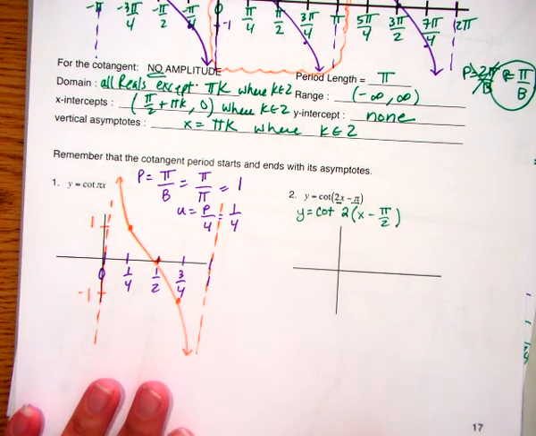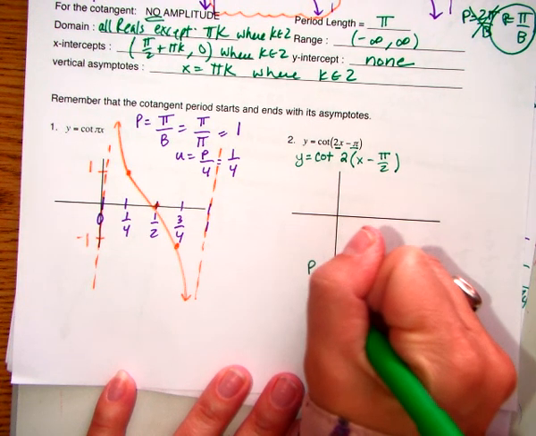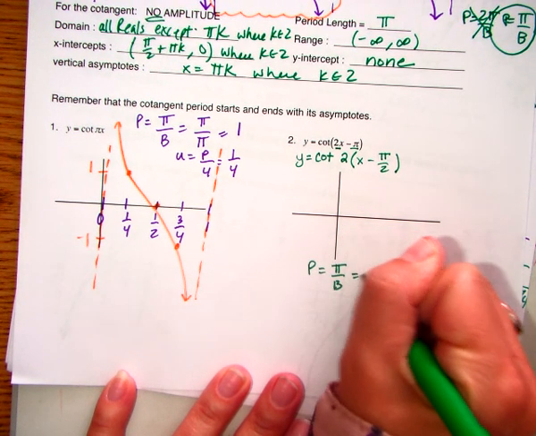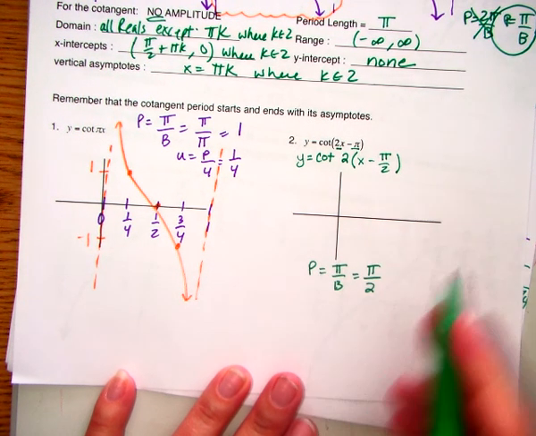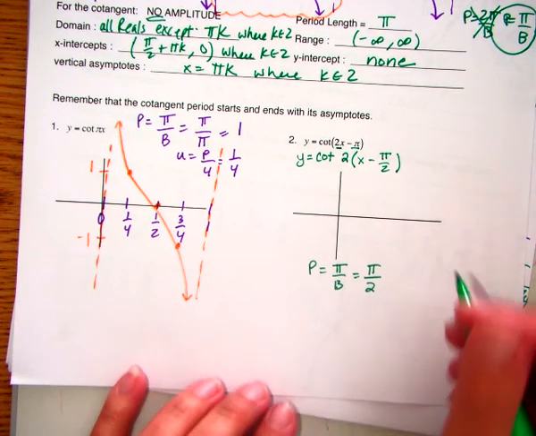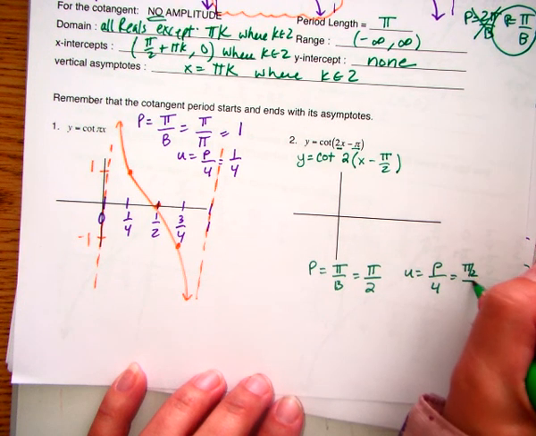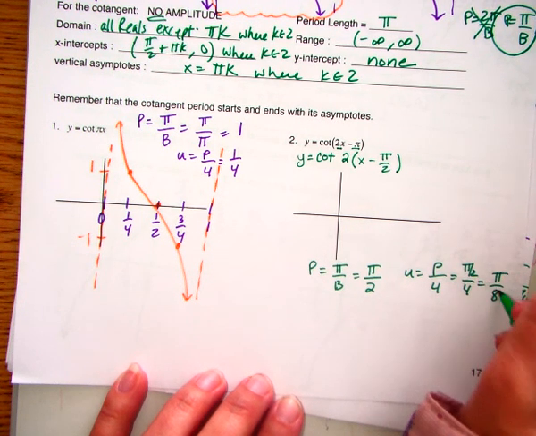I'm going to show my work down here at the bottom so I have more space. So period is equal to pi over b, not 2 pi anymore. So that's pi over 2. So my units are period divided by 4, so pi over 2 divided by 4 gives me pi over 8.